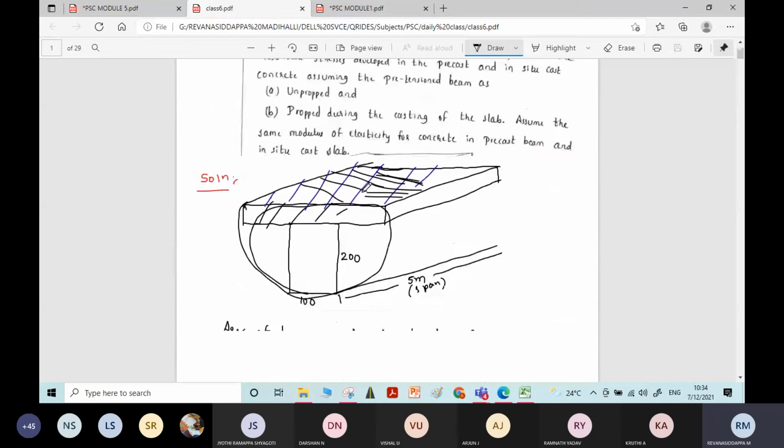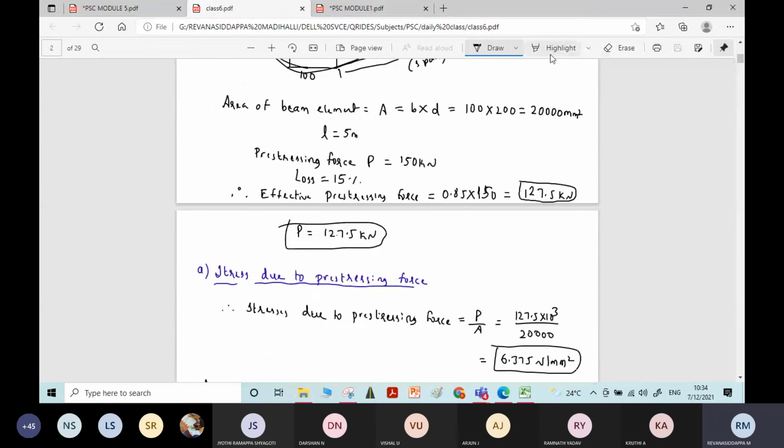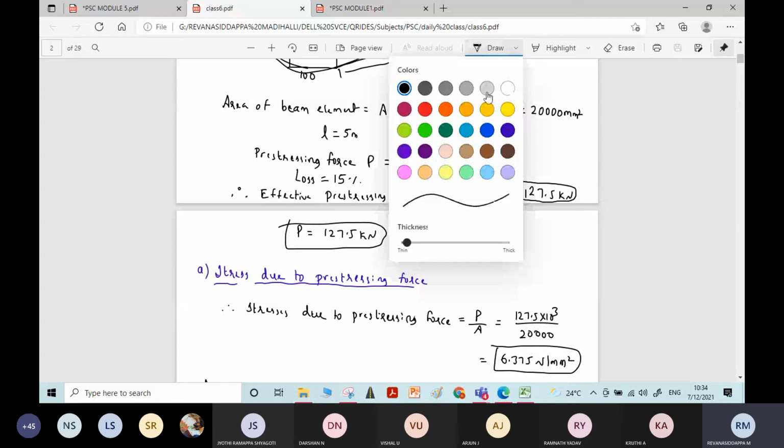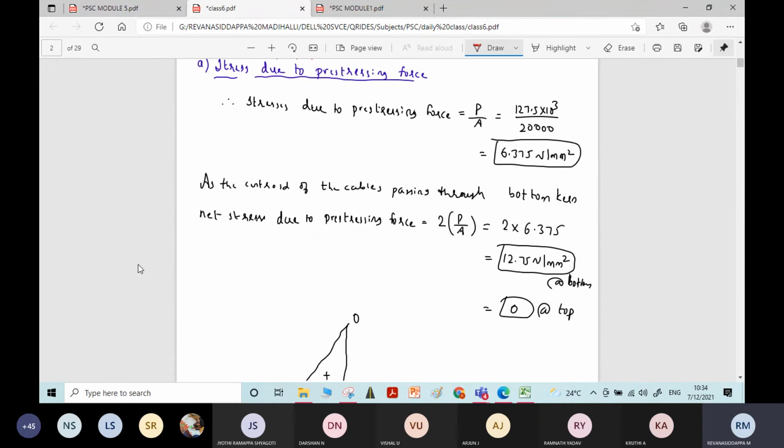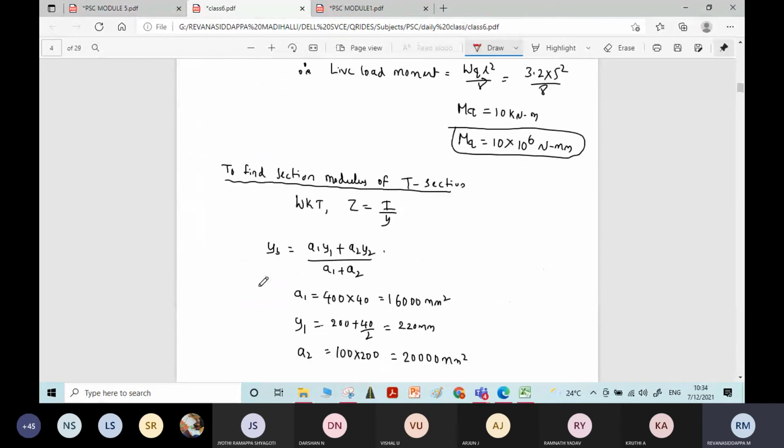Here you write the main headline: case 1, unpropped construction.